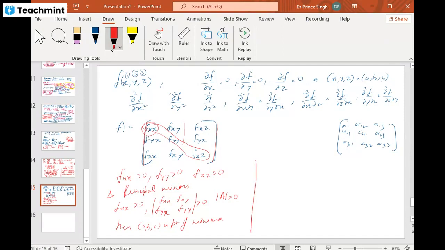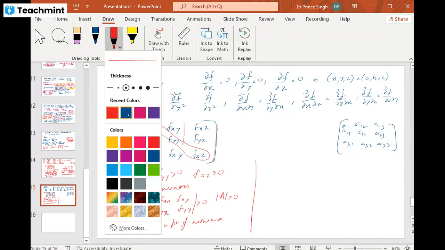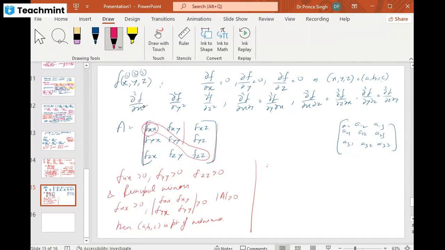And what about the condition of maxima? If all the principal diagonal elements are negative, and the principal minors are of alternate sign.